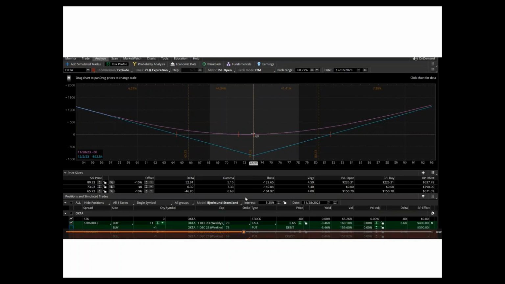Sorry, I missed that. I don't think I got that. Don't think I got the reverse iron butterfly. This is just the straddle. At least it looks like just the straddle. Could be hidden behind here. Wait a minute. But that's not check marked. So I think this is not, okay.